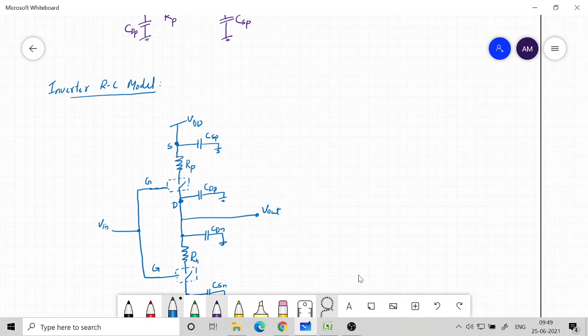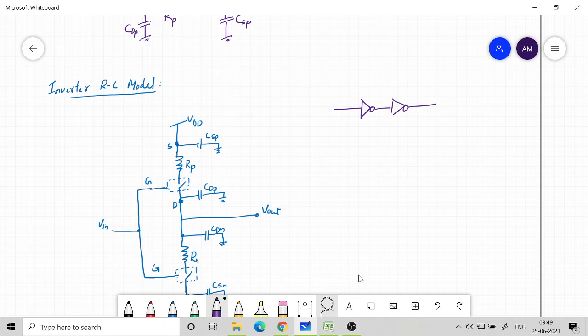So if I just show you here, this is an inverter. Now that inverter may be driving another inverter like this. So there will be a line which is connecting, whose length will also depend on where the second inverter is located.